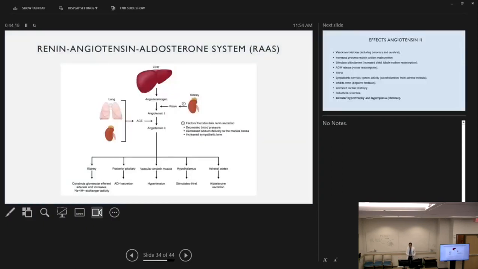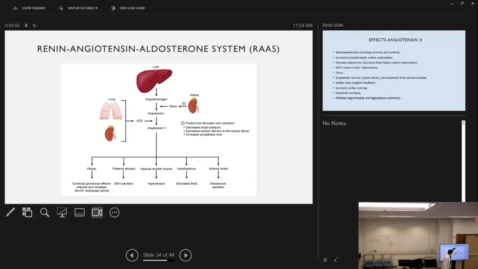Here you have the diagram of this RAS system. This renin, you see, is being released by the kidney, and will cut angiotensinogen, which is a precursor of angiotensin 1. Every time you see the suffix -ogen, know that it is what we know as zymogen, which is a precursor of an enzyme or any other active protein.